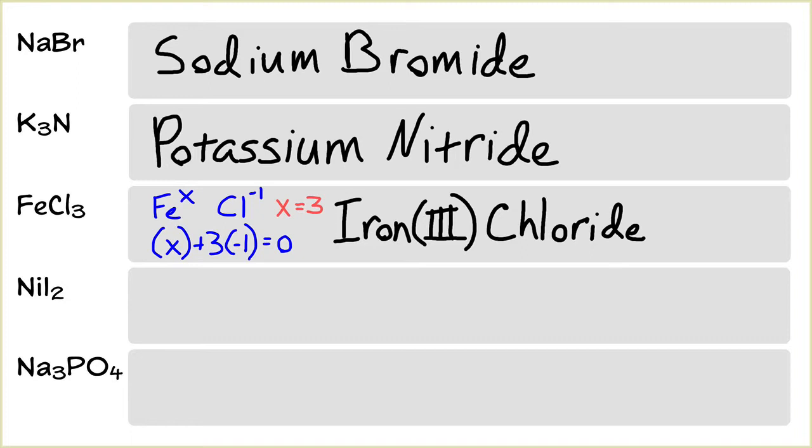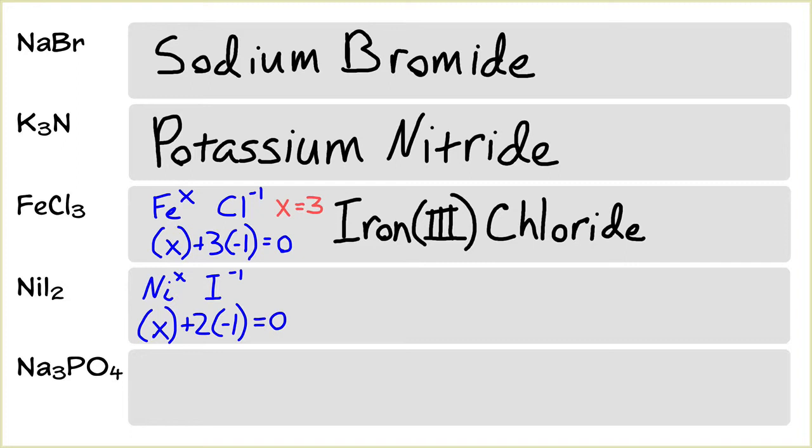Okay, for the next example, the first one listed is nickel, and that's a transition element. So once again, we don't know what the charge on the nickel is supposed to be. Well, I do, because I wrote the problem, but you probably don't. We do know, however, that the second element there, iodine, is a -1. And since the sum of the charges has to be equal to 0, when we take the nickel, whatever it is, and add to it 2 -1s, because there's 2 iodines there, the sum will have to be equal to 0.